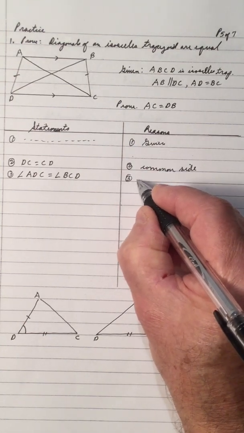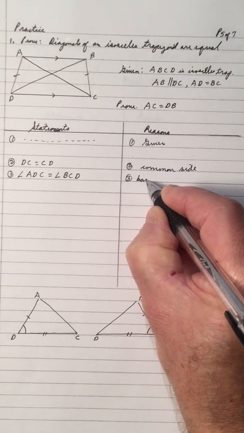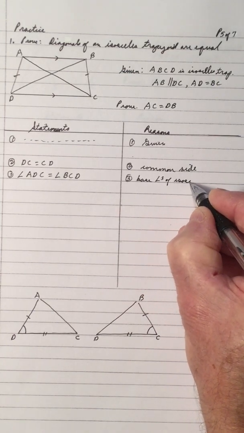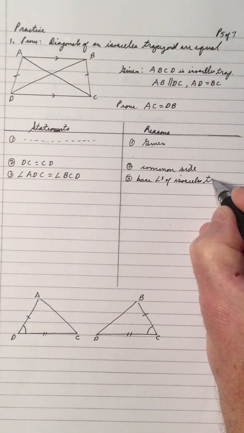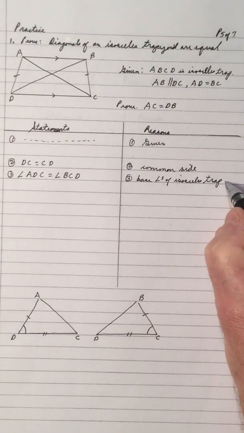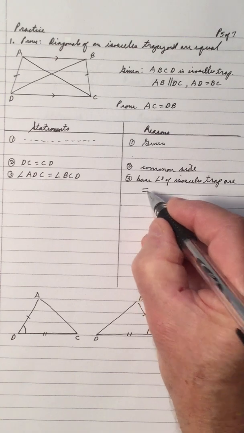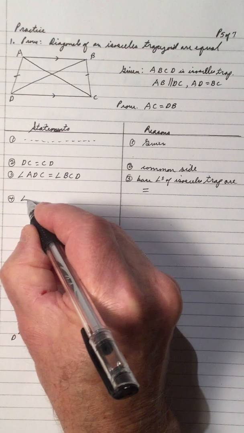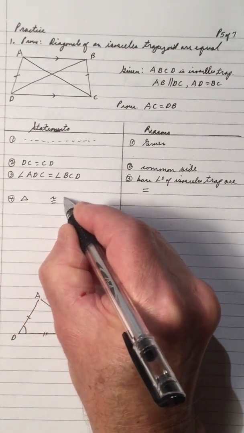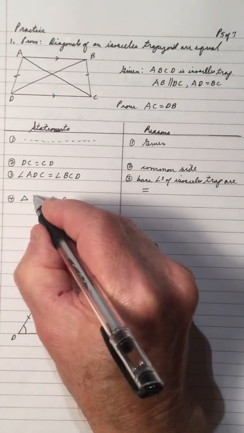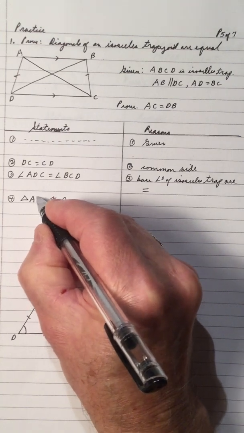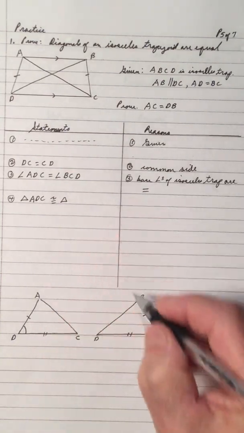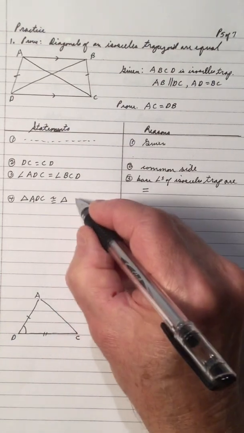And that's the base angles, we just proved that, base angles of an isosceles trapezoid are equal. And as a result, we now have the two triangles are congruent. And the triangles are ADC, as you can see here, and BCD.